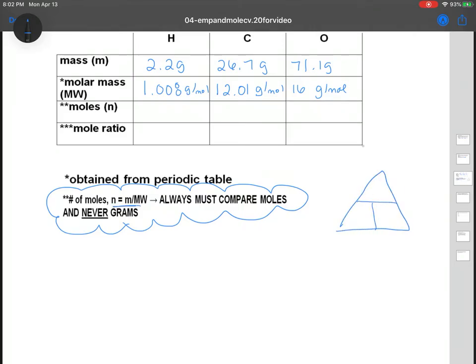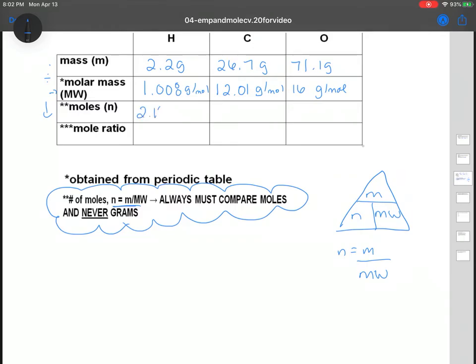So again, if you forget here, it is written as a formula if you are a triangle person. Moles is mass over molar mass or molecular weight. So again, when you do the table, it's like this row divided by the second row here, and you get this row.